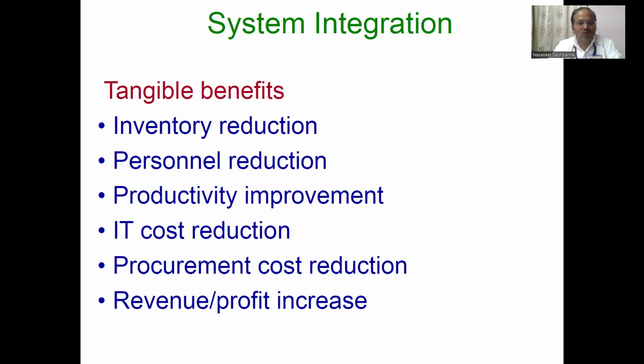The second would be reduction in the personnel working at the ground floor or the factory line. Then we have productivity improvement. Any company would like to make its productivity higher and improve seamlessly across all the departments, which is achieved by integrating the systems at various departments.